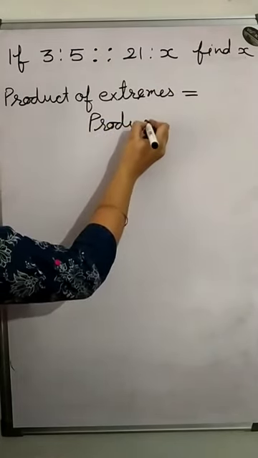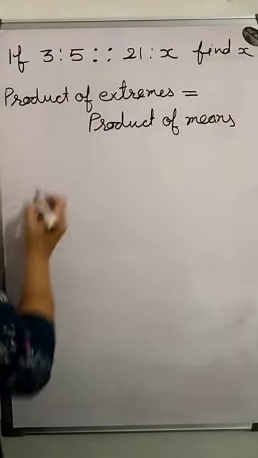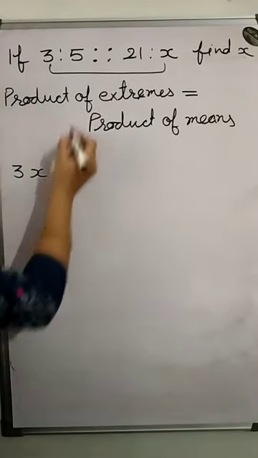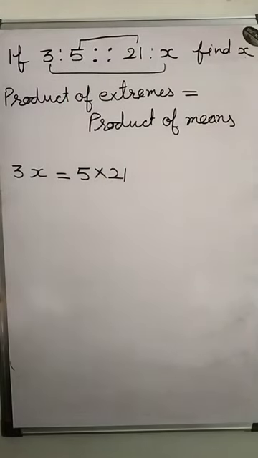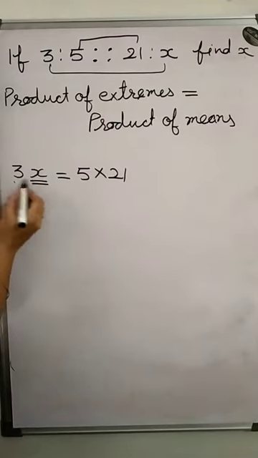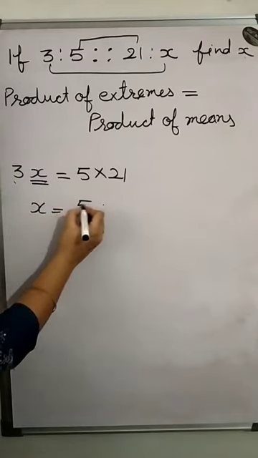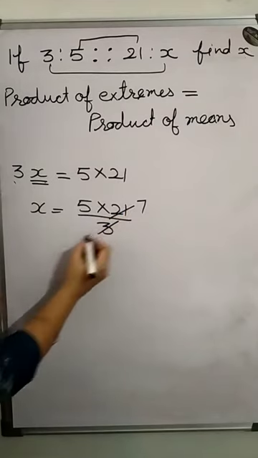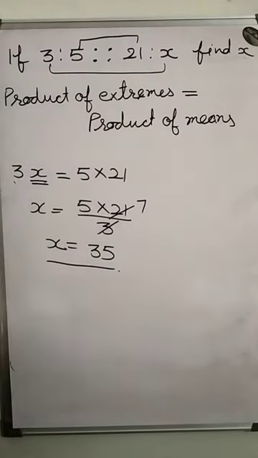The extremes are 3 and x, so 3 multiply x is 3x, and the means are 5 and 21, so it is 5 multiply 21. 3 and x are in multiplication with each other, so 3 goes to the denominator. So x is equivalent to 5 multiplied by 21 upon 3, and 3 sevens are 21. So 5 into 7, 5 sevens are 35. So x is equivalent to 35. This is the answer.